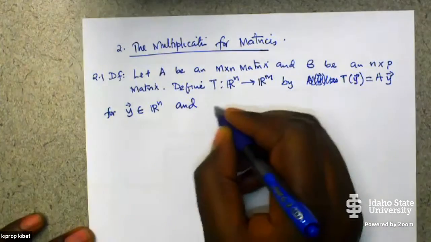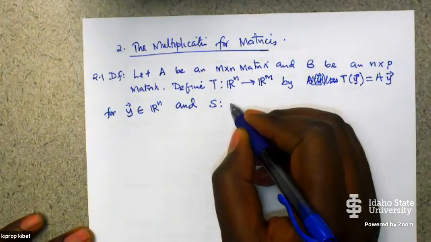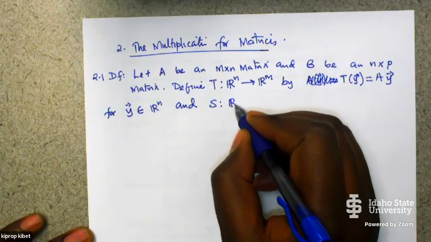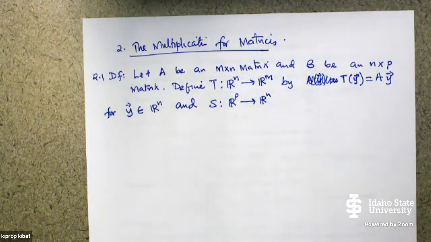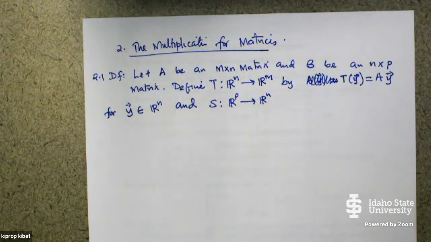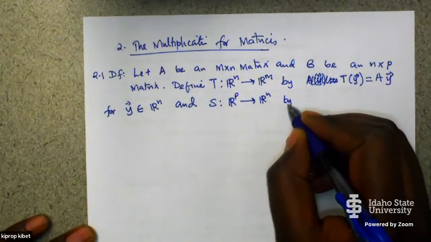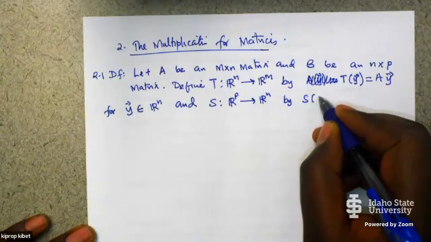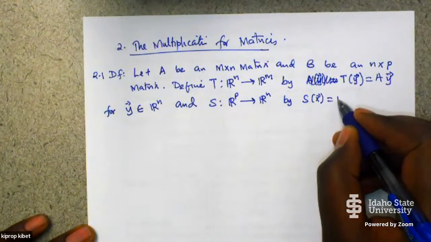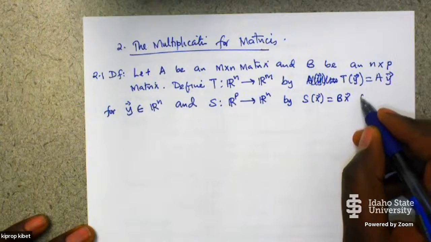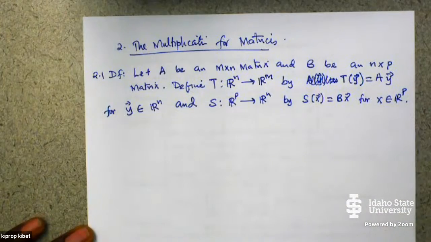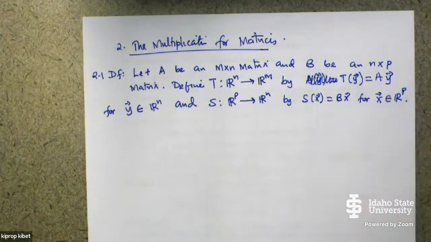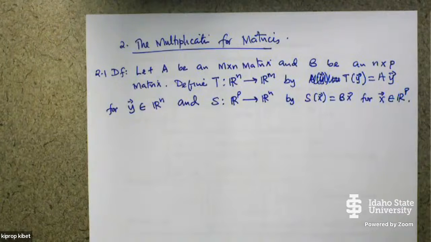And S to be the transformation from Rp to Rn, which is now for B, defined by S of x equals Bx, for x an element of Rp.